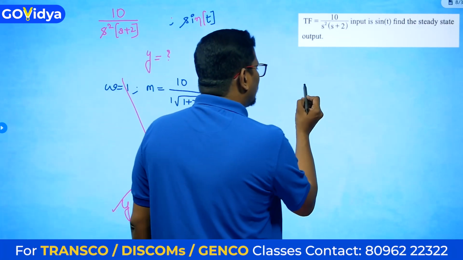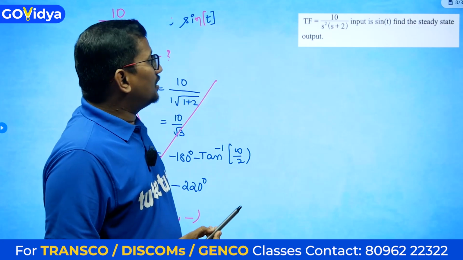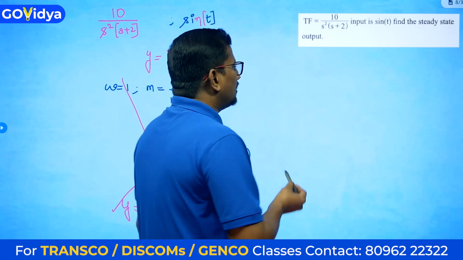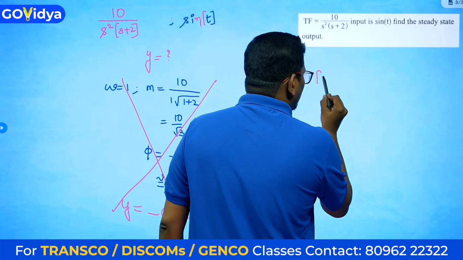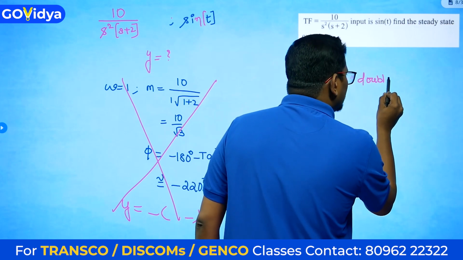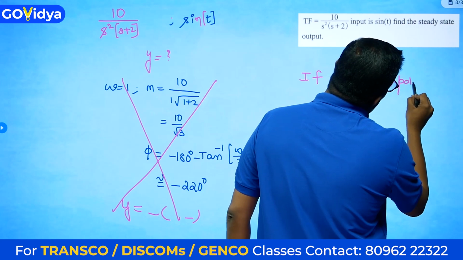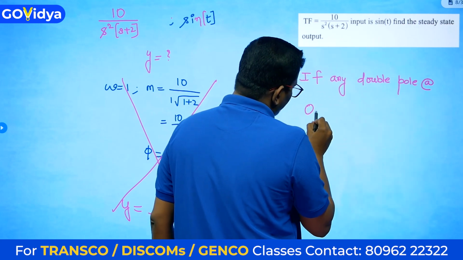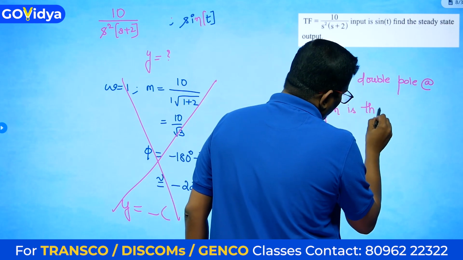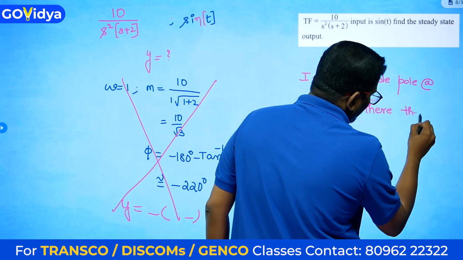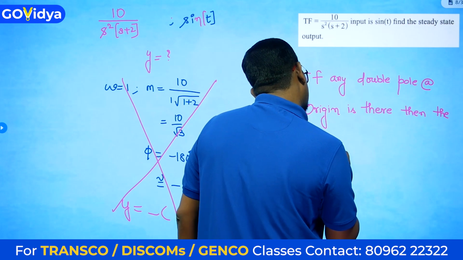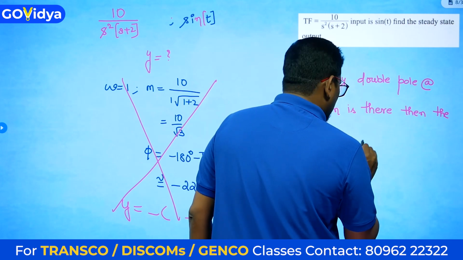If you observe in my lectures, I have clearly mentioned in RH criteria, or in any closed loop transfer function, if a double pole at origin is there, then the system is unstable.